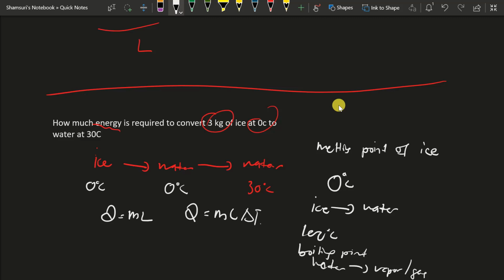But the C here actually is C of water, not C of ice, because this is the water. It's the change of the water, not the change of the ice.